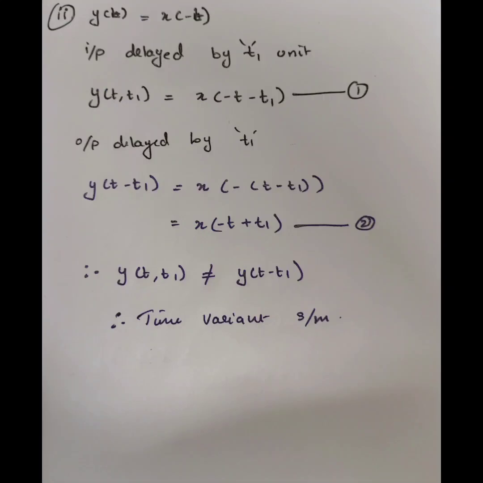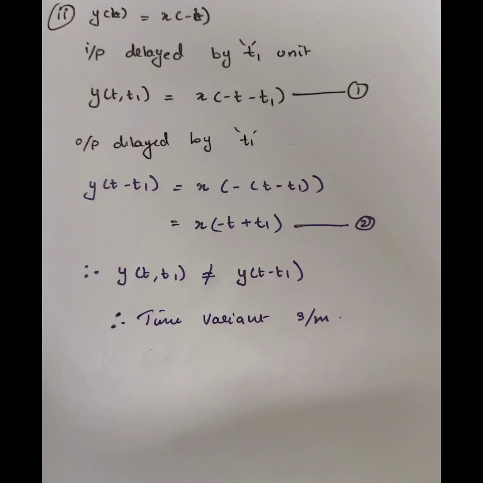Now in the second question, the expression for output is y of t is equal to x of minus t. First we'll delay the input signal. For that, we'll put a minus t1 in the input function. So y of t comma t1 is equal to x of minus t minus t1. That is the expression for y of t comma t1. And now we'll delay the output signal.